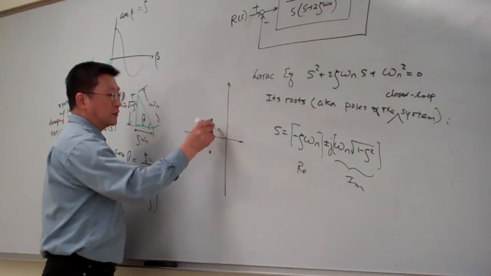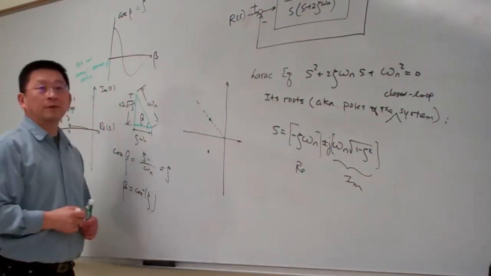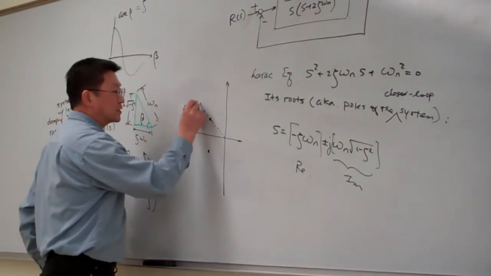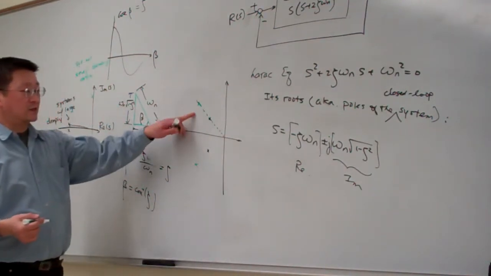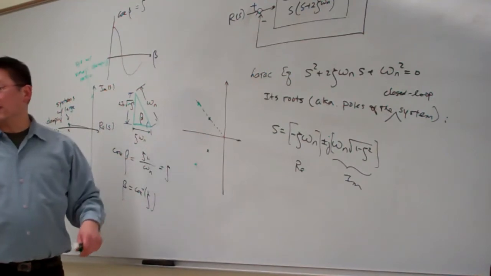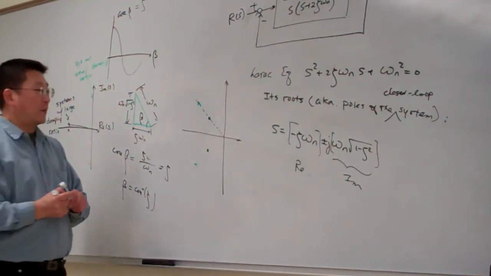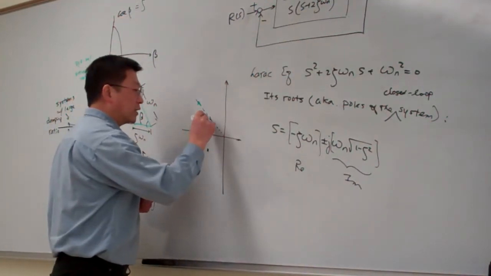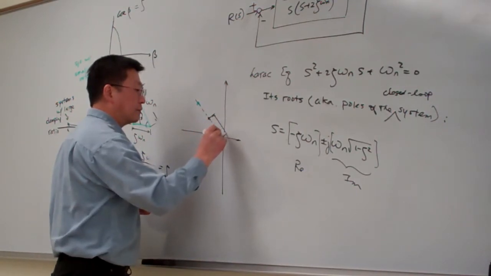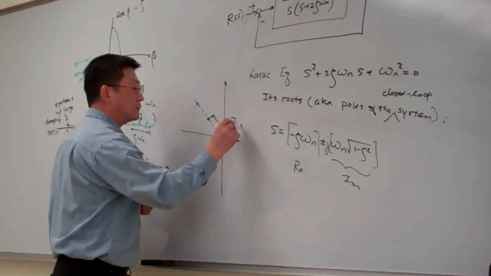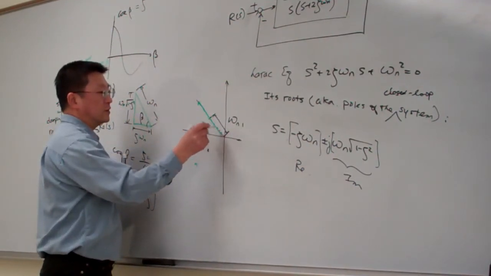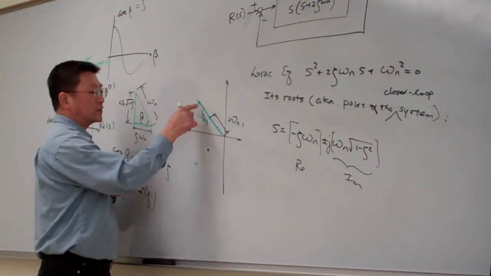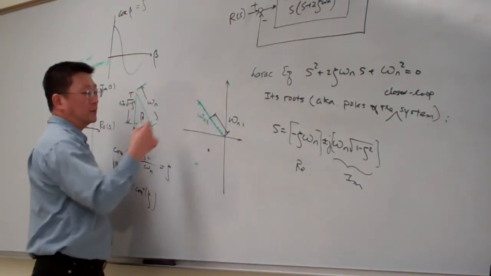Let me use the same damping ratio. The other system is here. For both systems, you can see they have the same angle, which means they have the same damping ratio. But for the first system, let me call this omega n1. And for the second system, from here to here, let me call it omega n2, meaning the magnitude from the origin to there.